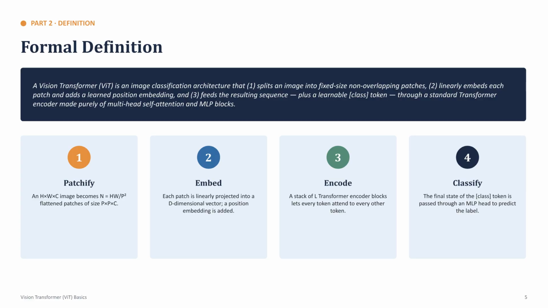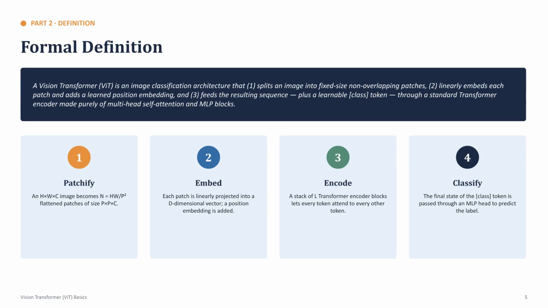Let's make this precise. A vision transformer is an image classification architecture that does 4 things. First, patchify. It splits the image into fixed-size, non-overlapping patches. Second, embed. Each patch is linearly projected into a d-dimensional vector, and a learned position embedding is added so the model knows where each patch came from.